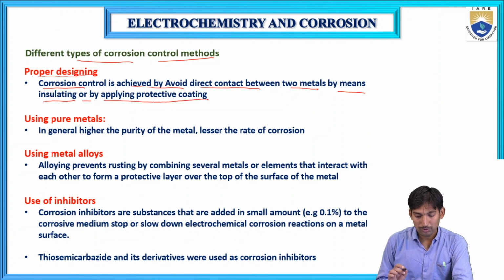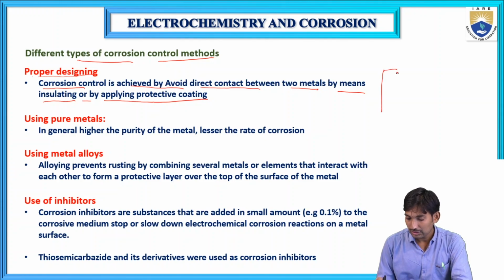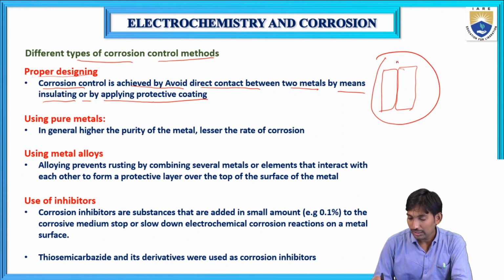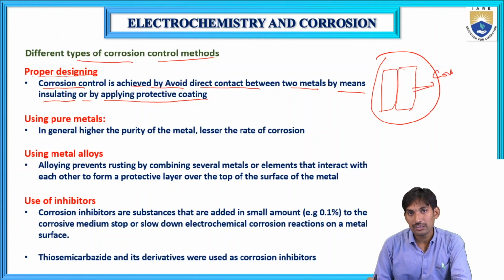What is proper designing? Two metals are in contact with each other. If these two are exposed to a corrosive environment, what happens? They undergo electrochemical corrosion.